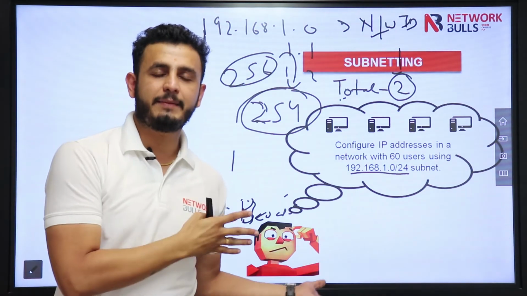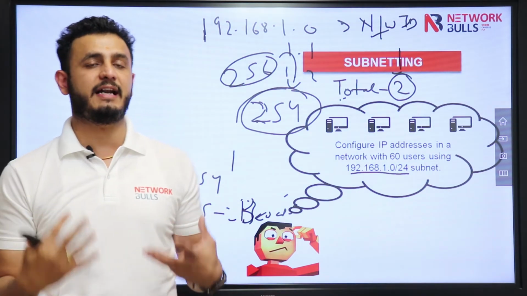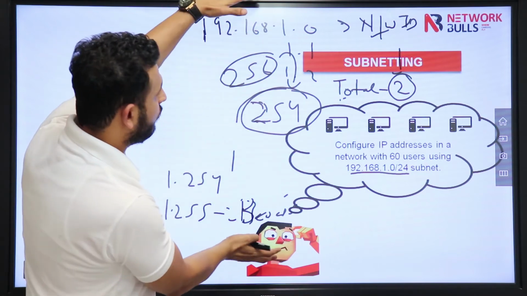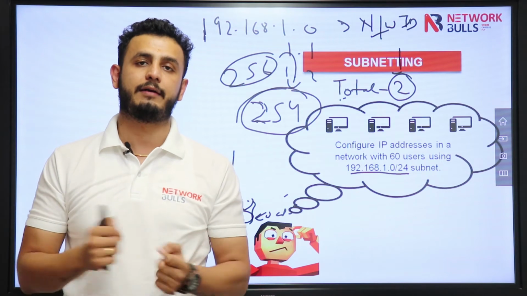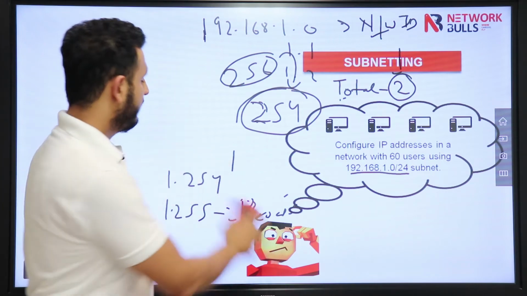Now our part is subnetting. What do you mean by subnetting? Subnetting means dividing this big network into small networks according to my requirement. So let me give you an example.